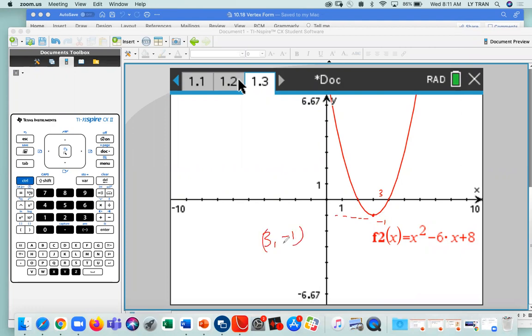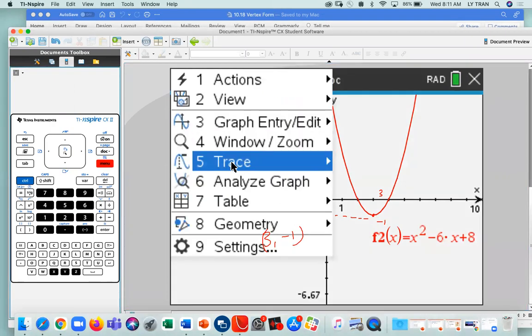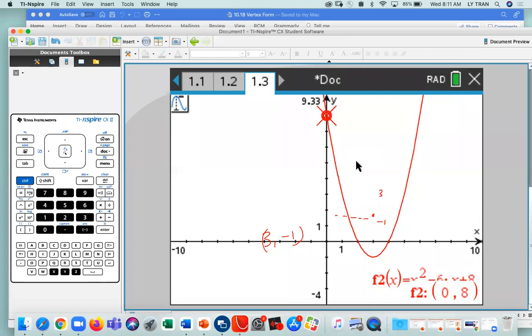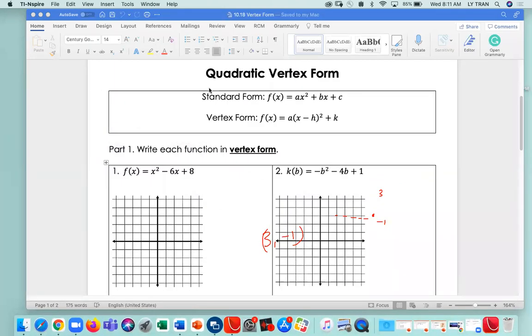If you are in doubt, we can always go to menu, analyze graph, and choose minimum, and it will say minimum at 3, -1, just like what we just found. So now let's do a quick sketch on this paper. We got 3, -1.